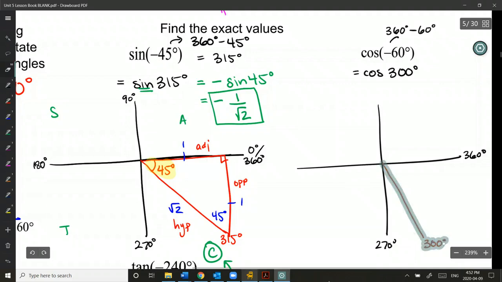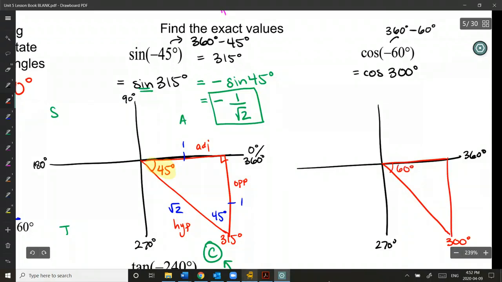Maybe a little bit further. Something like this. And I'm interested in this angle in between 300 and 360. Of course, we know the angle between 300 and 360 must be 60. And you're going to create a right angled triangle from here. So complete your triangle, 30, 60, 90.